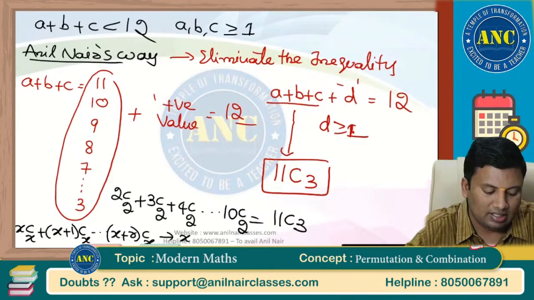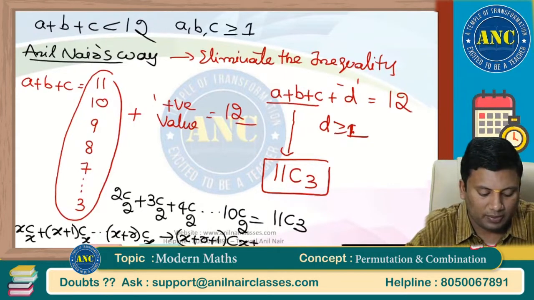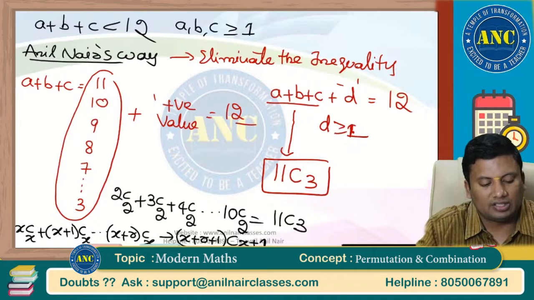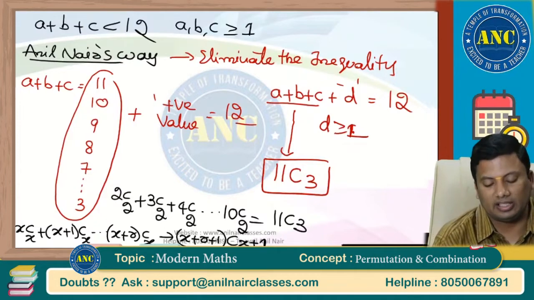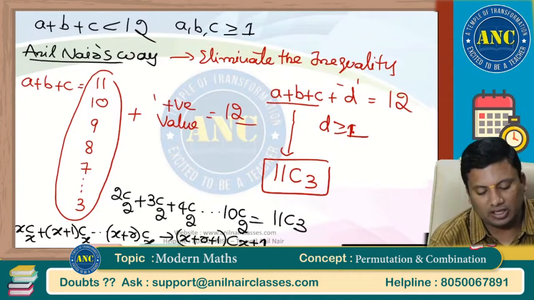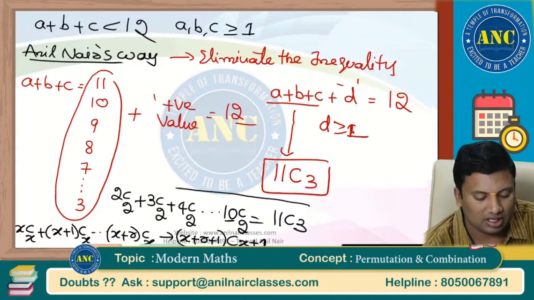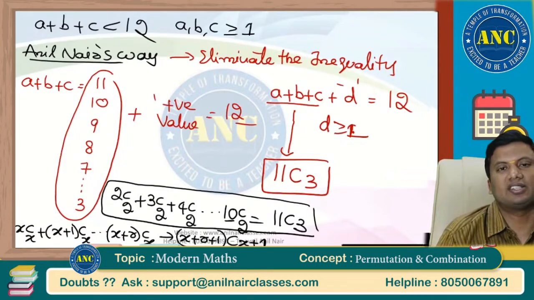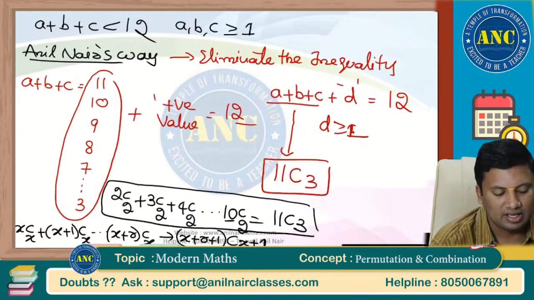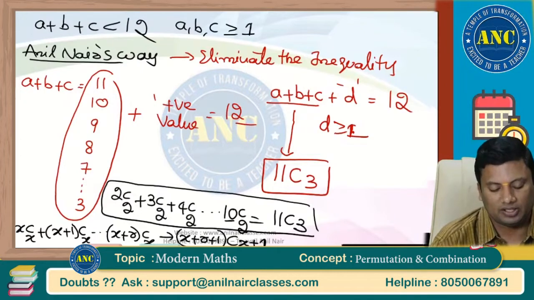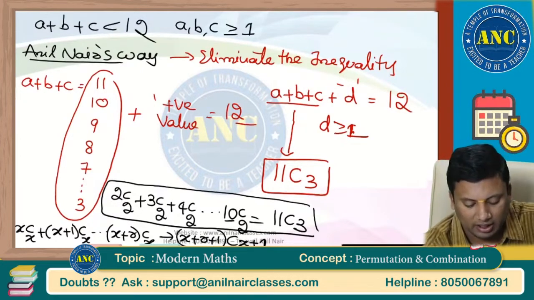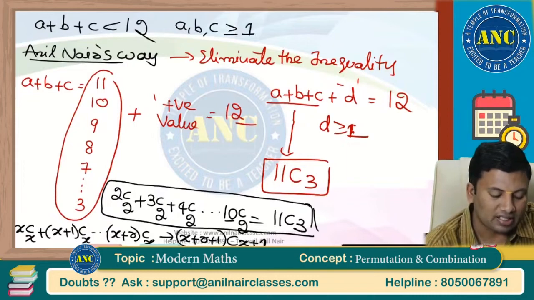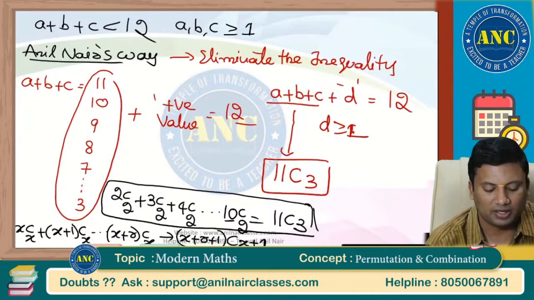This answer is nothing but X plus R plus 1 CX plus 1. If it is 2C2, 3C2 till 10C2, the answer is X plus R plus 1: 10 plus 1 is 11, 2 plus 1 is 3. Value-wise, both are the same.